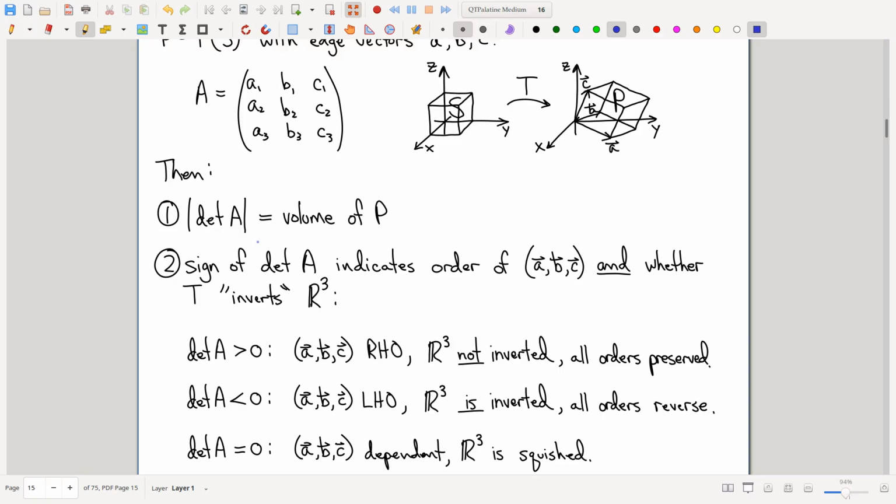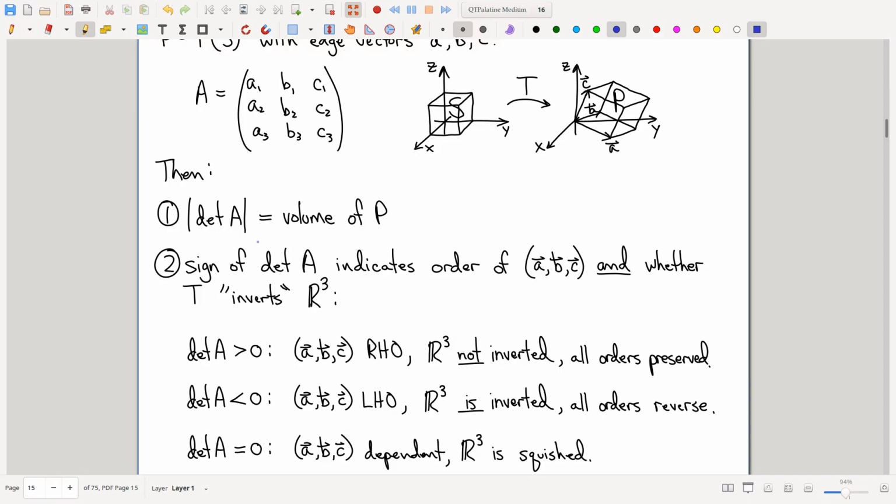Yep. When laying out the 3 vectors, can we start out with a left-handed orientation versus a right-handed orientation? It would take 2 different starting places and end up in the same place there? No. So let's say you have 2 lists over here, a left-handed list and a right-handed list. We're assuming we have a negative determinant, right?